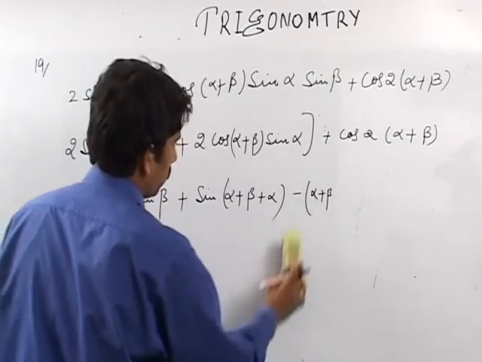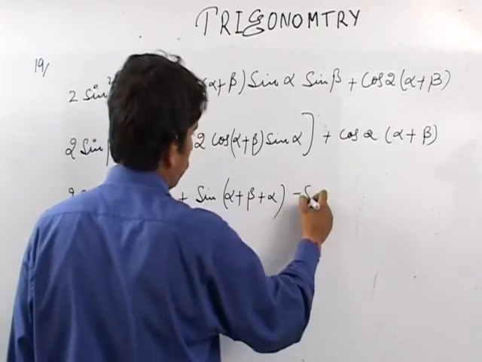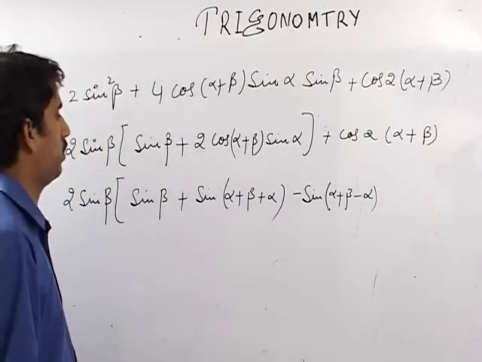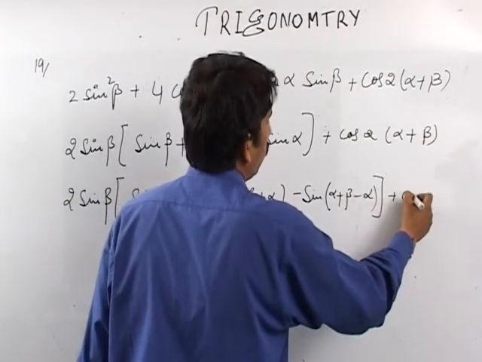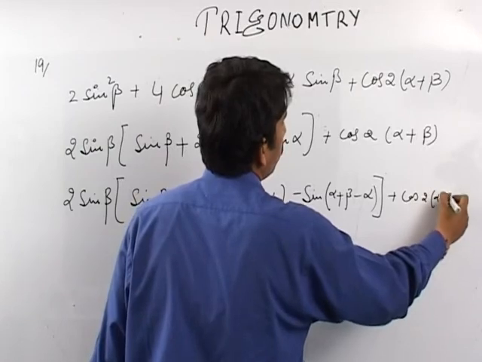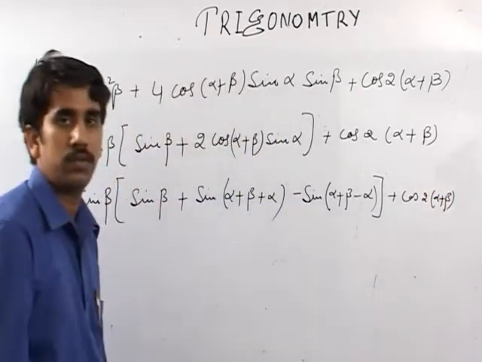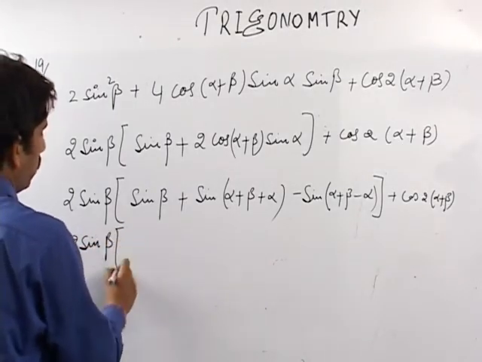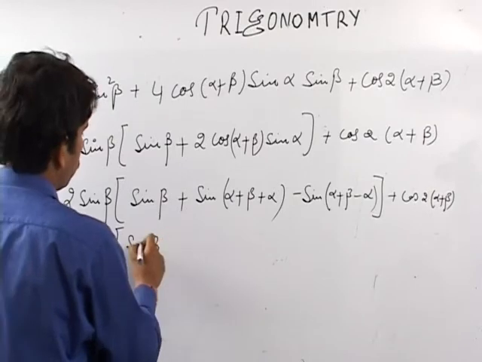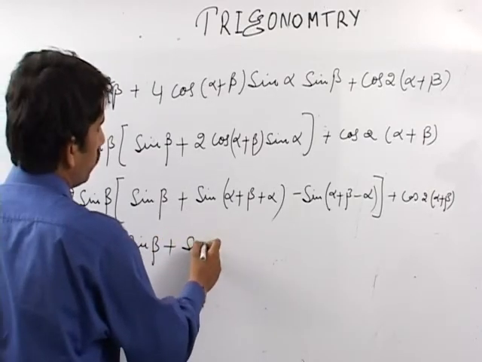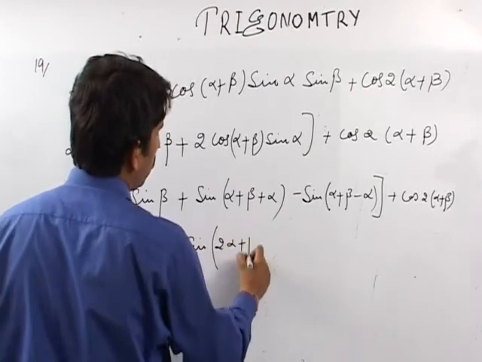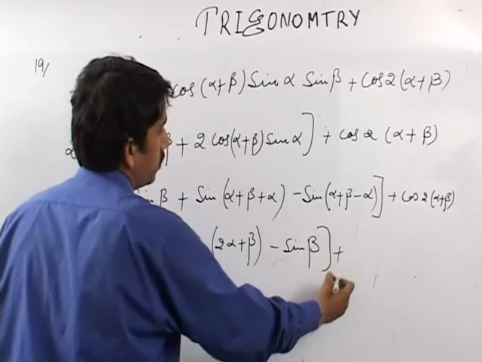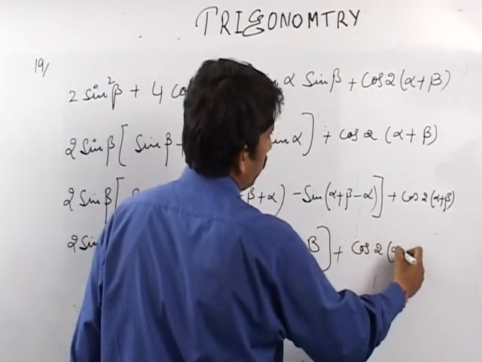Sorry, this is sin(A plus B) minus sin(A minus B), plus cos of twice of (alpha plus beta). Now this will be equal to 2 sin beta, this is sin beta, plus this will become sin of (2 alpha plus beta) minus sin beta, plus cos of twice of (alpha plus beta).